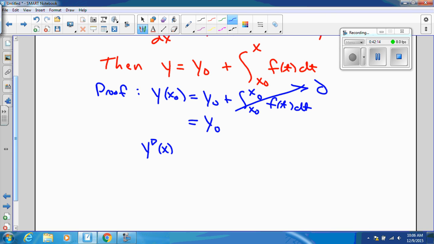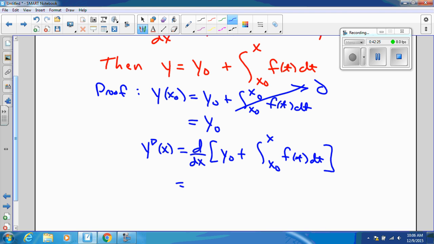And furthermore, if I compute y prime, then the derivative of y0 is of course 0 because that's a fixed constant. And the derivative of my accumulator function, according to the fundamental theorem, is equal to f of x.